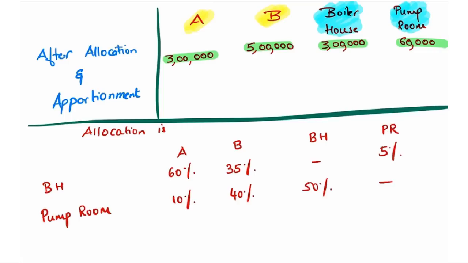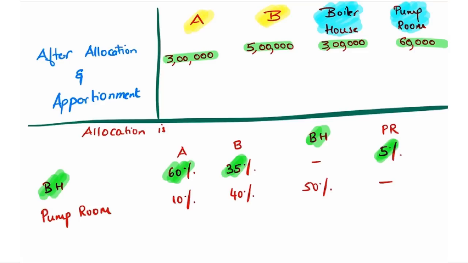Now let's come to it. How are the costs of boiler house and pump room split? If you see the cost of the boiler house, which I have represented as BH, is split between A, B and pump room in the ratio of 60, 35 and 5%. That is, boiler house is providing its services to A, B and the pump room at 60%, 35% and 5%.